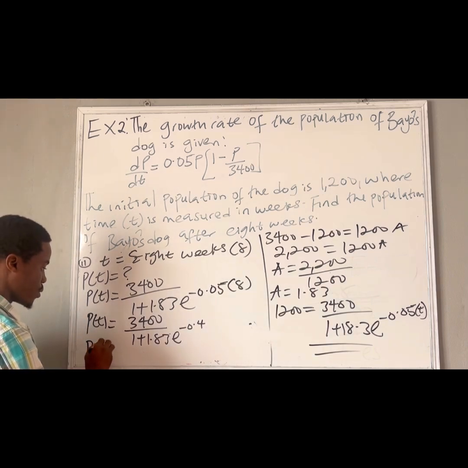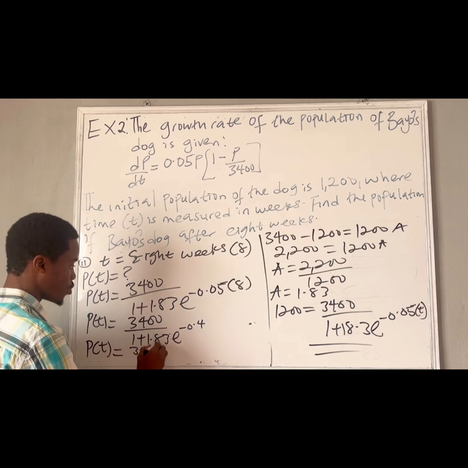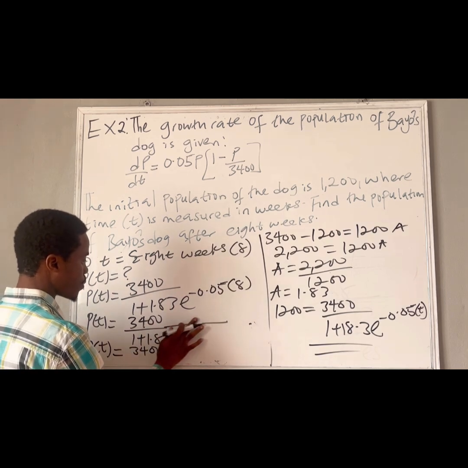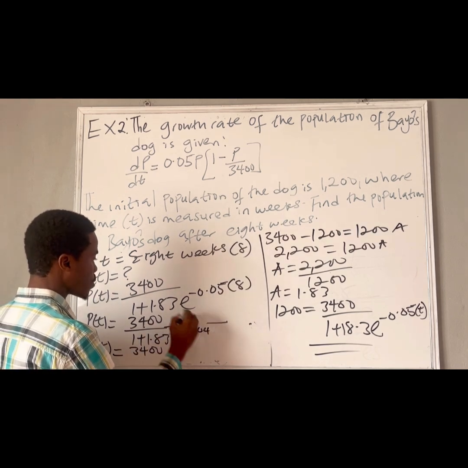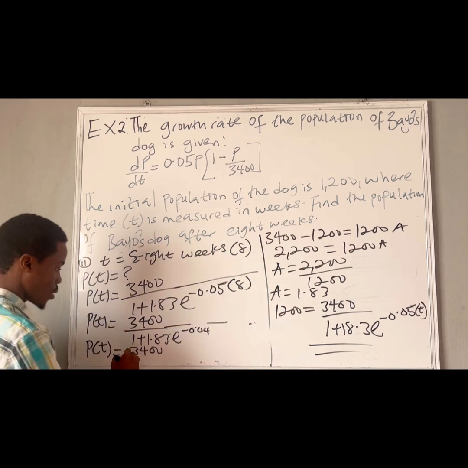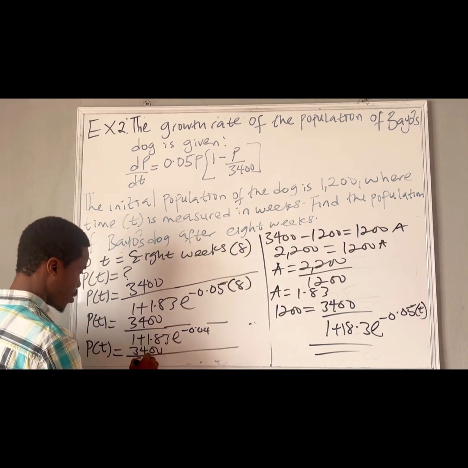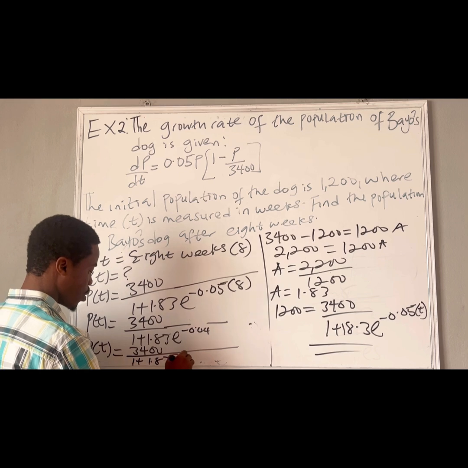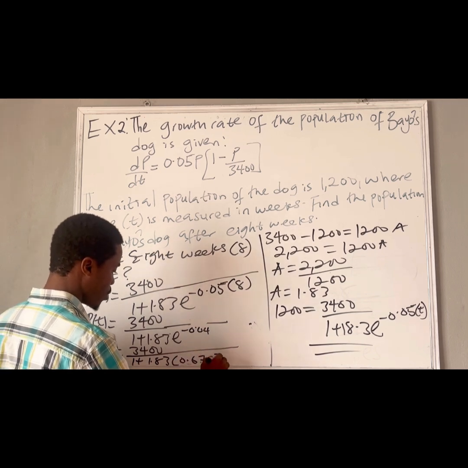So our P of t is equal to 3,400 all over 1 plus 1.83 times 0.6703.